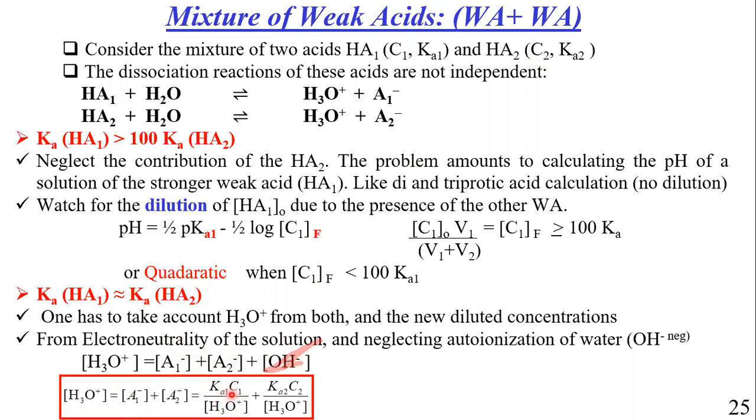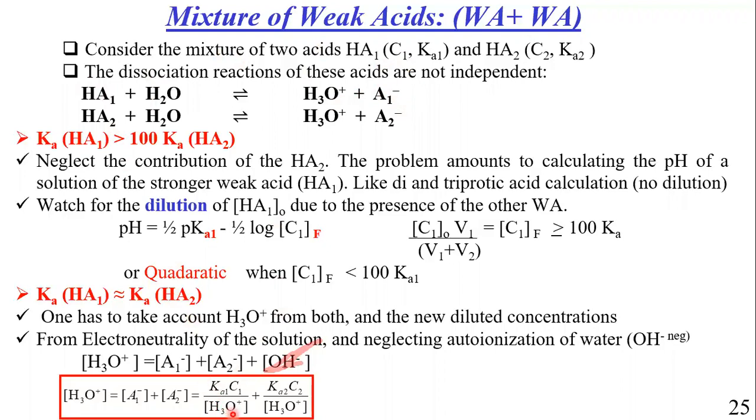Go back to the Ka. Let's look at the Ka of this first equation. Remember, Ka of this first equation will be products divided by reactants. So H3O plus times A minus divided by HA1. If I solve for A1 minus, A1 minus becomes Ka times HA1 concentration at equilibrium divided by H3O plus at equilibrium.